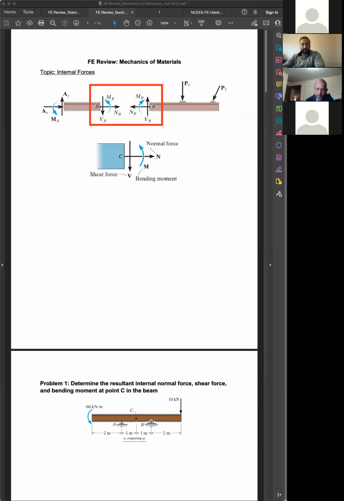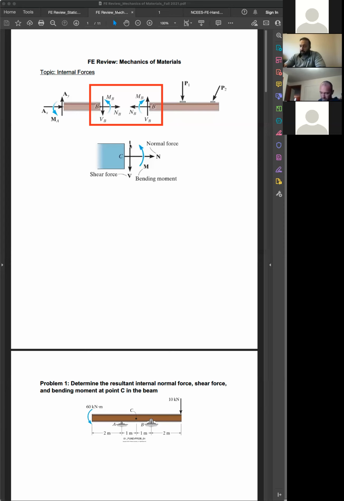Let's continue our discussion on the mechanics of materials. Starting from the other document, the next document that I have sent to you, mechanics of materials, starting with the internal forces here. First, let's just discuss the three types of internal forces that we deal with.